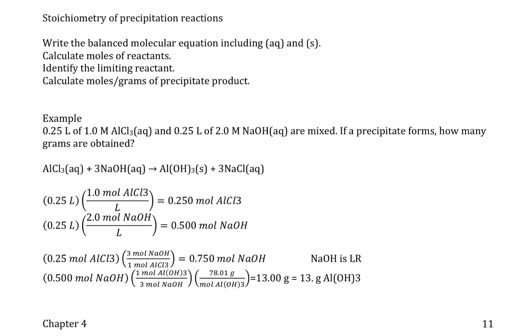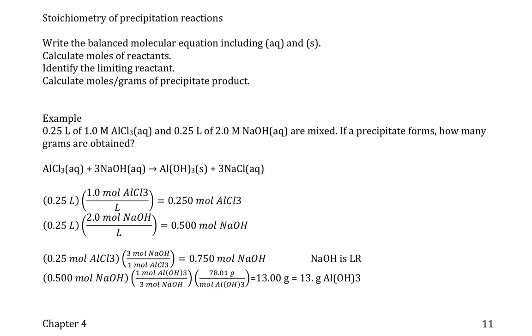0.25 liters of 1.0 molar AlCl3 aqueous and 0.25 liters of 2.0 molar NaOH aqueous are mixed. If a precipitate forms, how many grams are obtained? Okay, so we write out the reaction, go through the rules, exchange partners, do the balancing, and look at solubility rules.